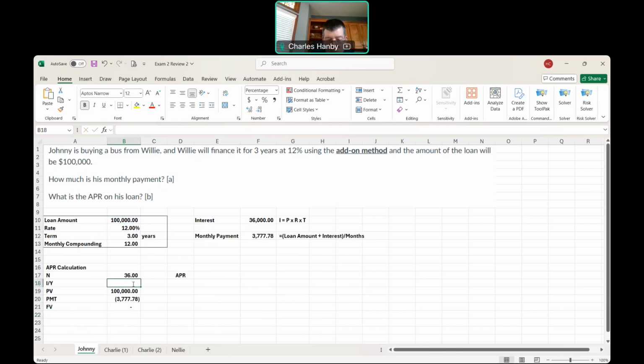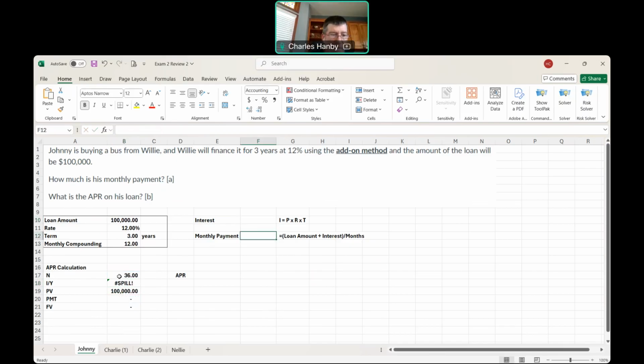So equals rate, and then I'll click up here on the formula bar, and so it's number of periods, comma, payment, comma, start over. The computer was nice enough to tell me I had everything muted.